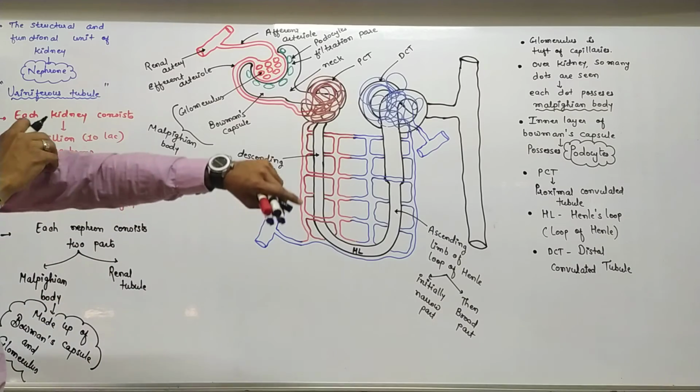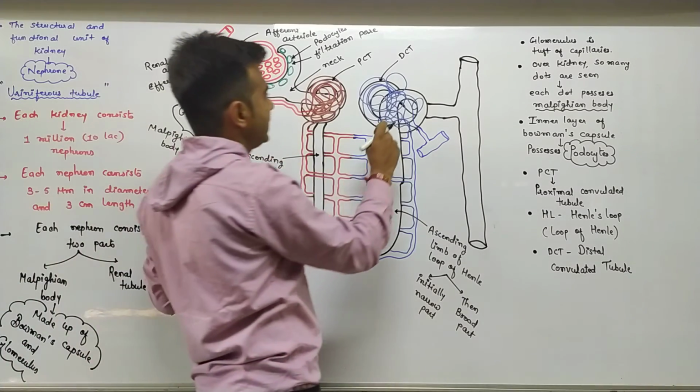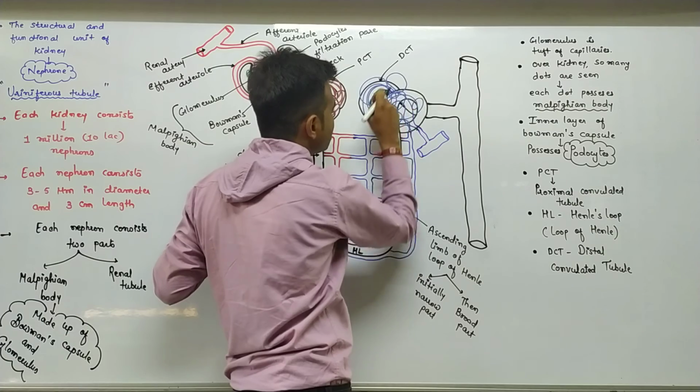The ascending limb of loop of Henle is now connected here to the coil-like structure.